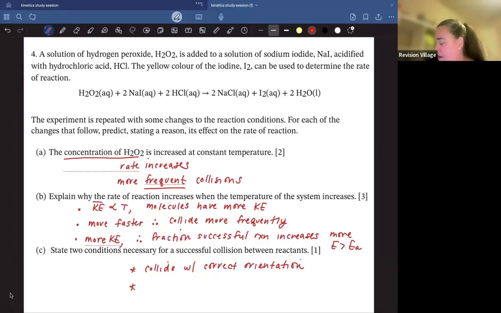And they have to have enough energy to overcome the activation barrier. So that to me is collision theory. I hope it feels good to you. Let me know if you have any questions.